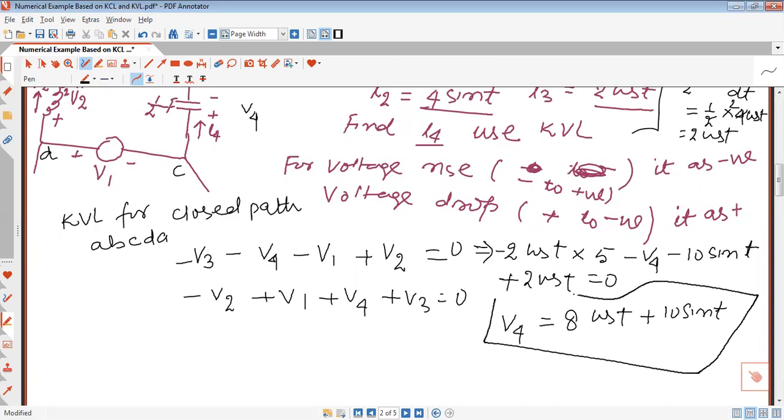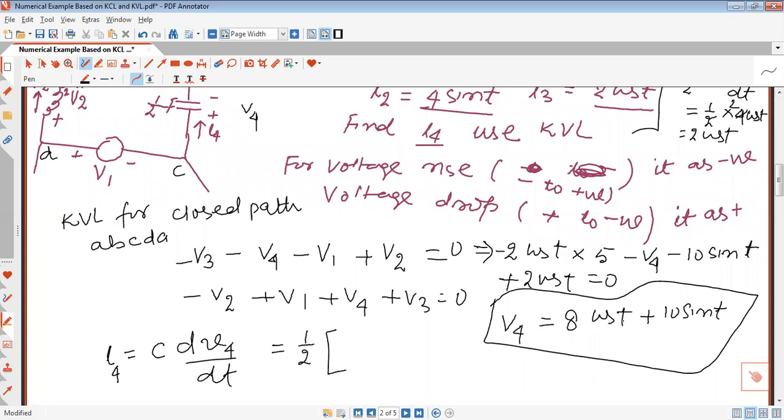But we have to find the value of current in this capacitor. We know that current in a capacitor is given by C dV by dt. Here the current is I4 and the voltage is V4, which I have calculated. C is given as 1 by 2, and we differentiate with respect to time.